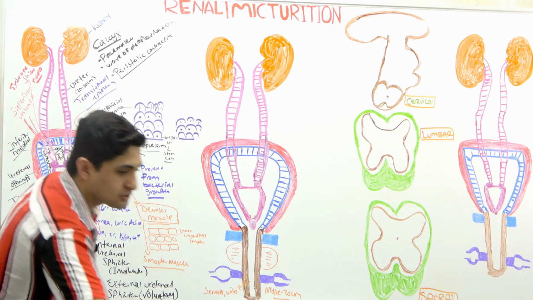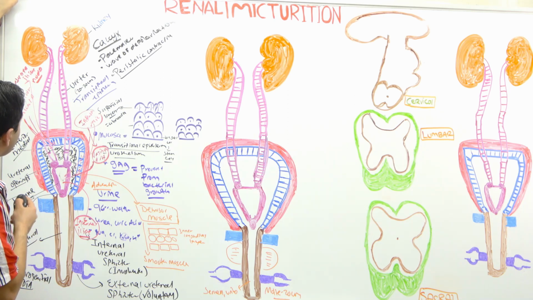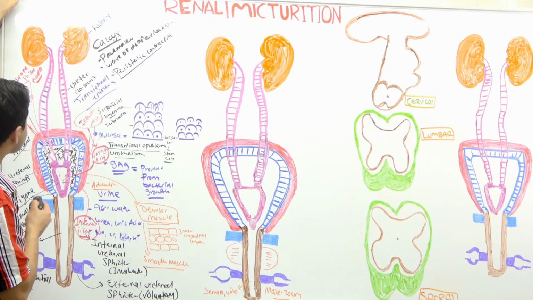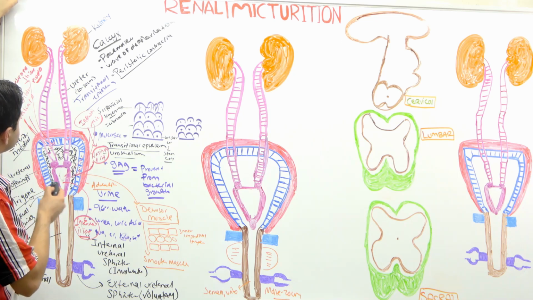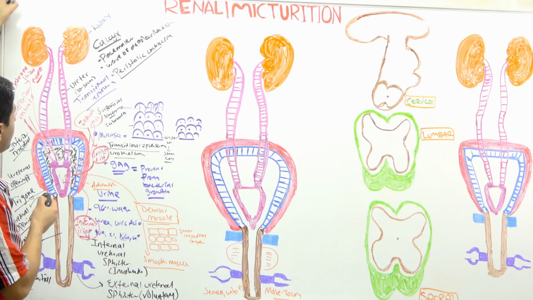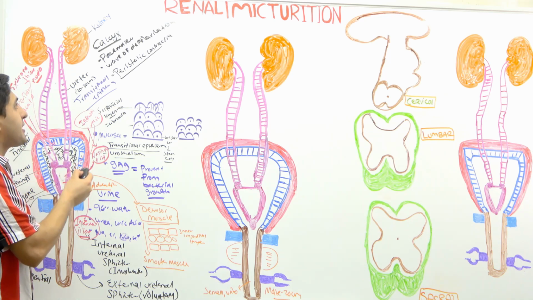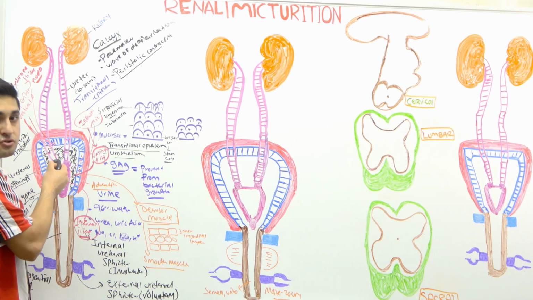Let me repeat one more time. Whenever there's a depolarization occurring, and also one more thing, there are parasympathetic and sympathetic supplies, because remember this ureter is a muscular tube. It contains a lot of smooth muscle cells. So whenever a wave of depolarization occurs and there is stimulation of, let's say, your parasympathetic, it enhances the peristaltic contraction property here.